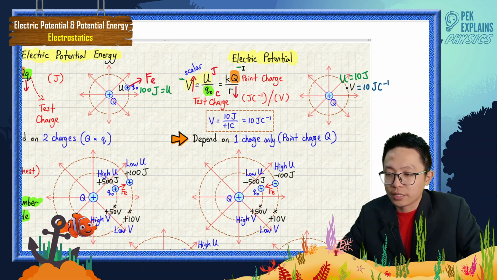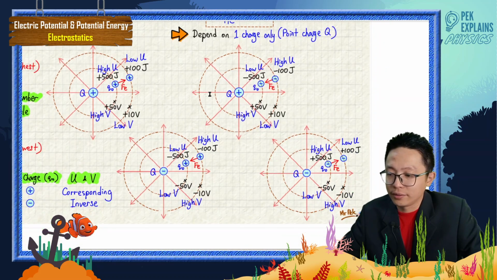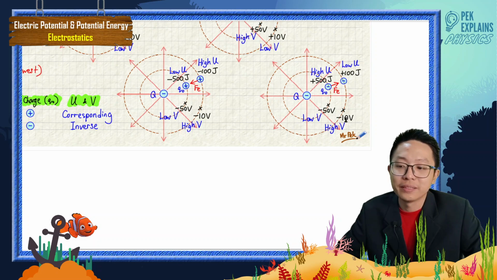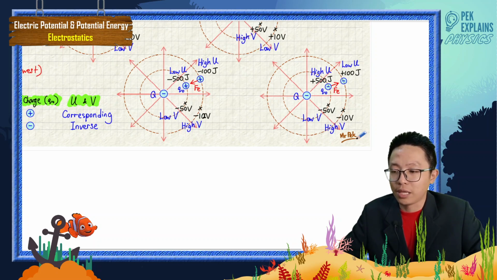So this is negative 50, negative 10, negative 50, negative 10. This potential just depends on the point charge. If the point charge is negative, the potential is also negative.